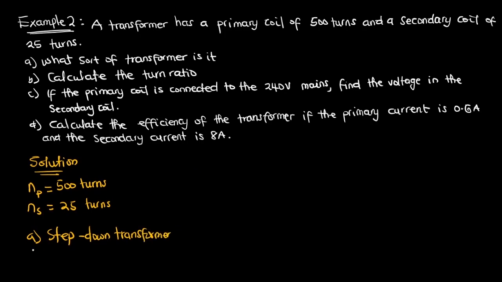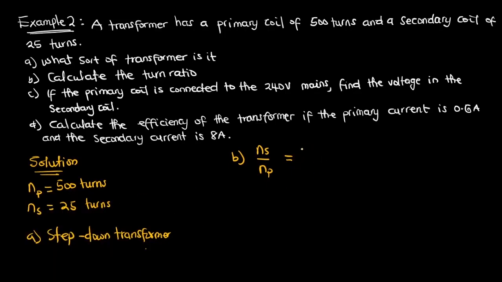That is the A. Now the B is saying we should calculate the turn ratio. The turn ratio is either NP over NS or NS over NP, regardless of how you want to do it. So B is either NS over NP or NP over NS, depending on how you want to do it. I'll use NS over NP.